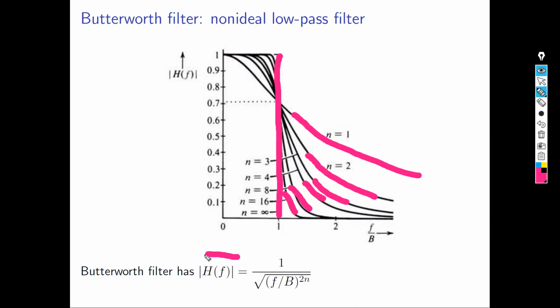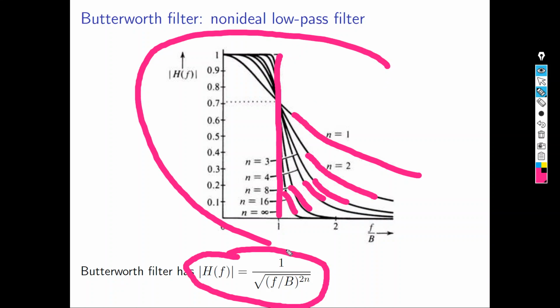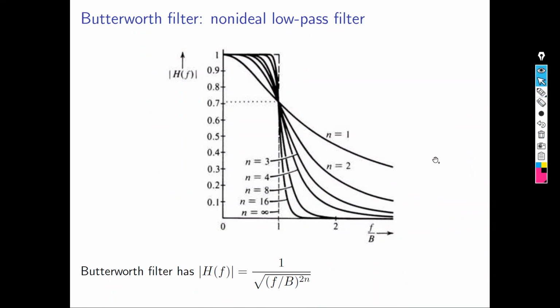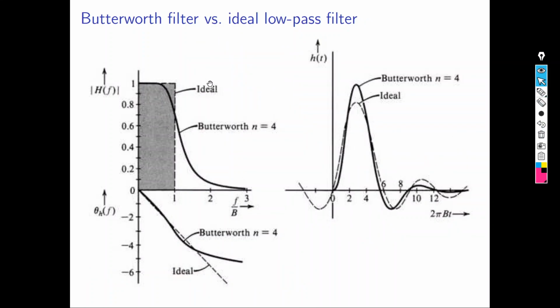And this is the frequency response in math, and this is in drawing. It shows you how increasing the n value can make your filter closer to ideal. And here you have your filter. This is in frequency and this is in time.